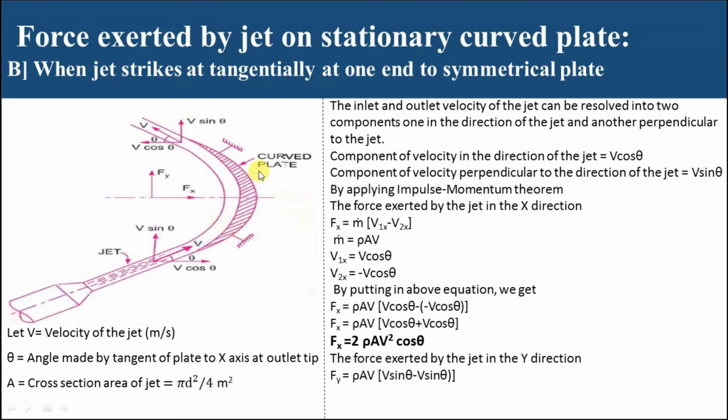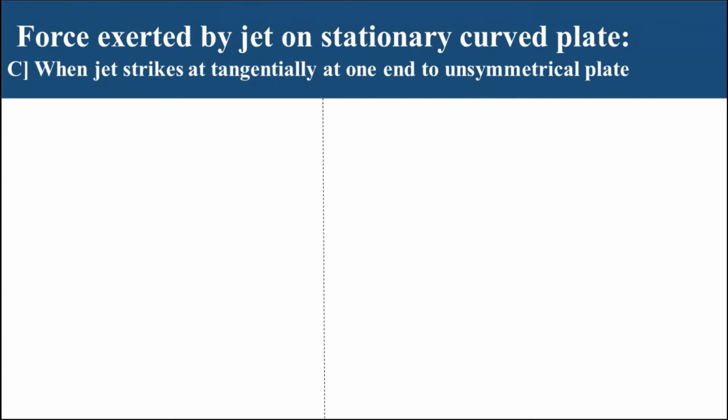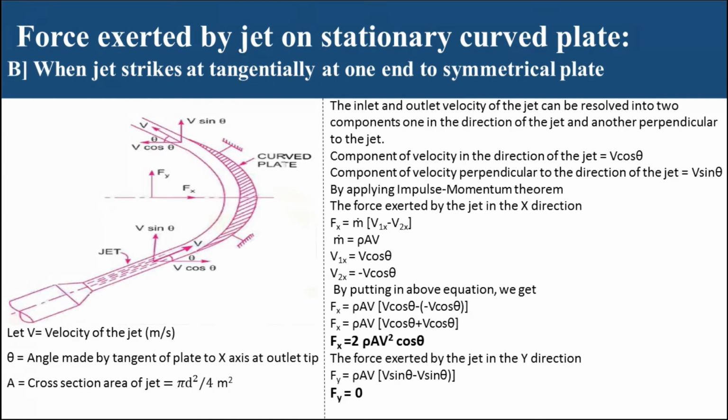So v sin theta minus v sin theta cancel each other, so basically there is no force acting in the y direction, so Fy equals 0. Now this was the case of a symmetrical plate.